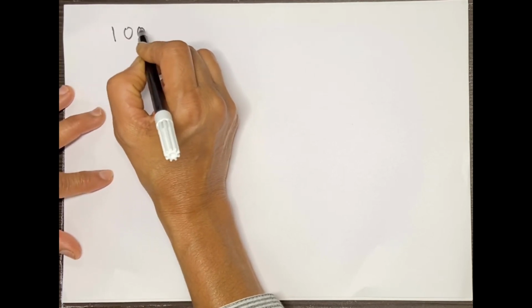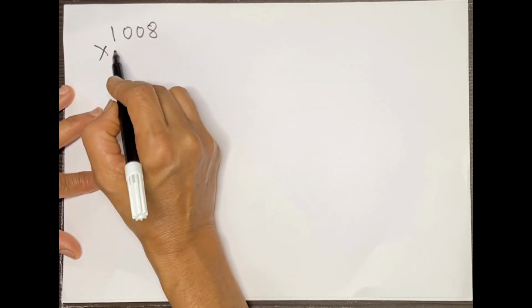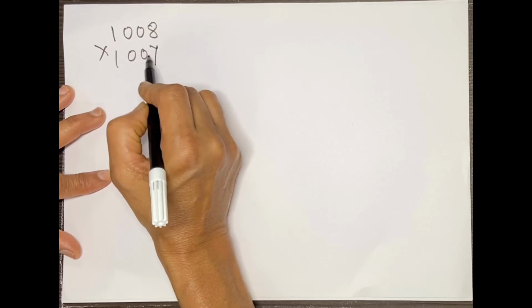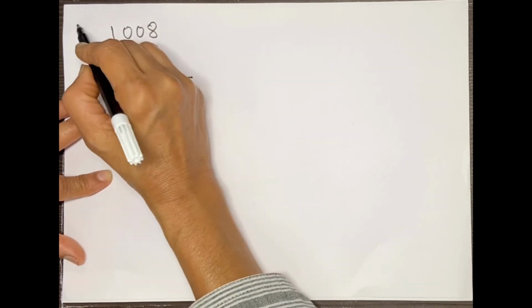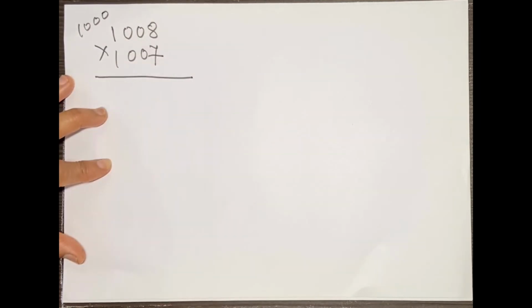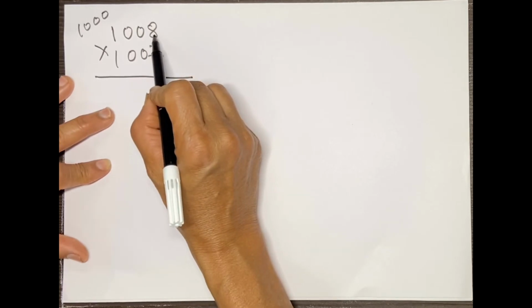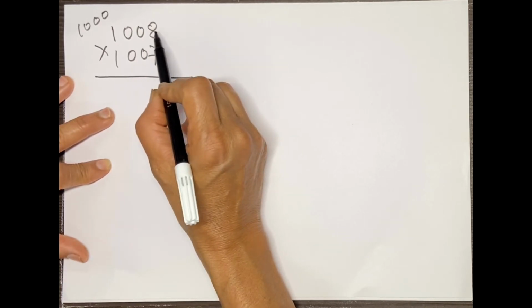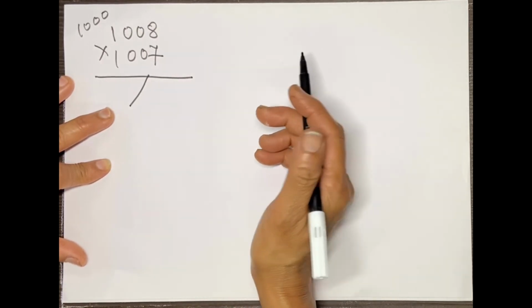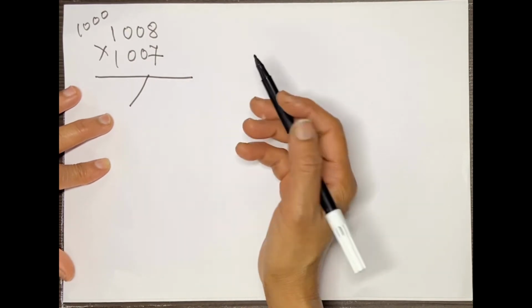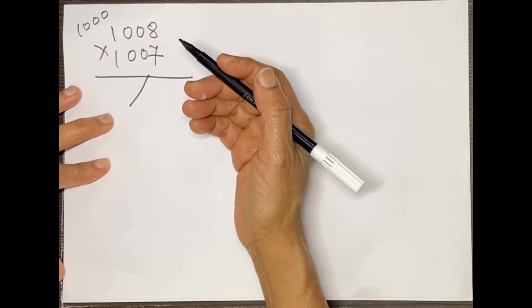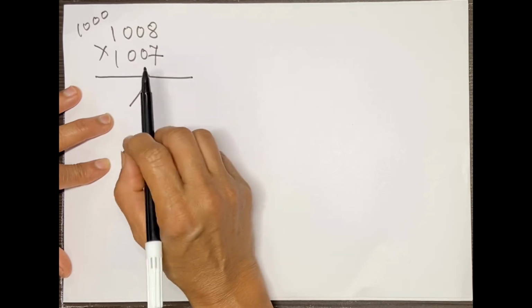Some more examples. Now we are taking greater examples. 1008 into 1007. Both the numbers are near to 1000. I will tell you directly, no need to explain in detail because I have explained it earlier.